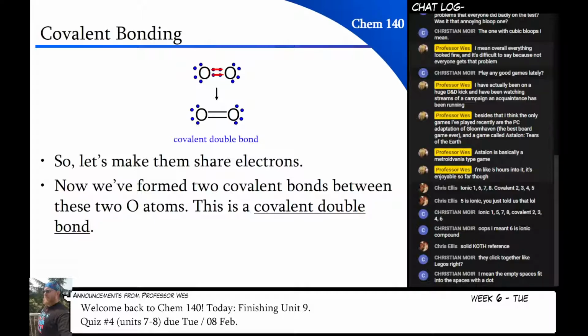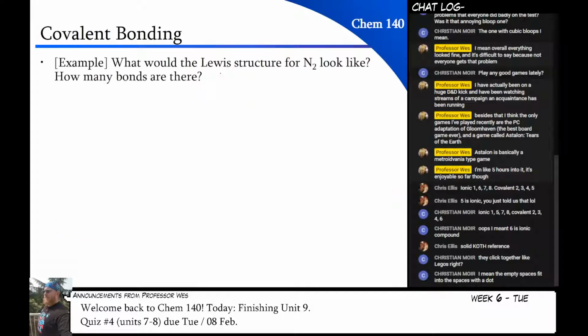What I'm going to have you do now is draw this Lewis structure without any input from me, and I want you to tell me how many bonds you make. I'll give you a hint, it'll be more than 1. So I'm going to have you draw nitrogen, N2. I'll give you like 2 minutes to do it.